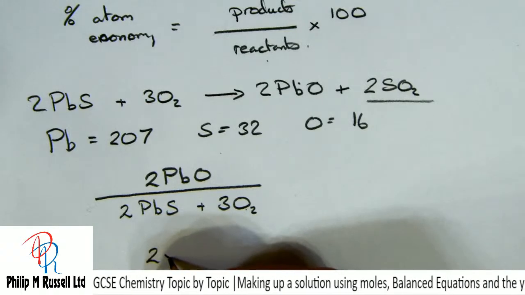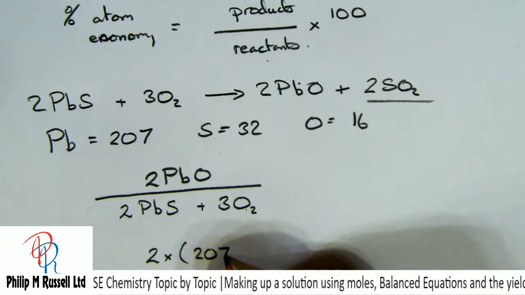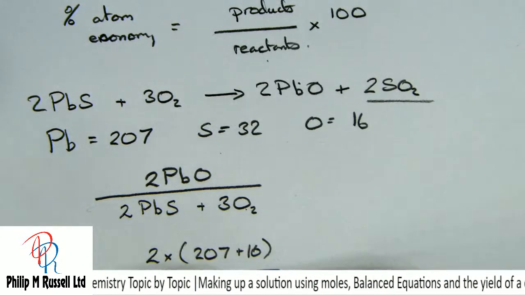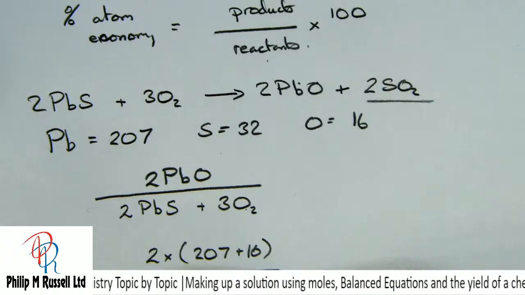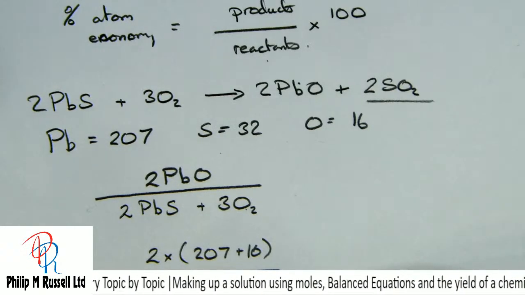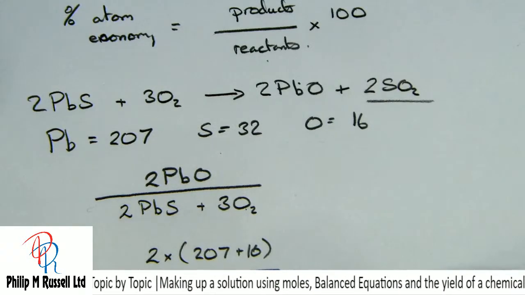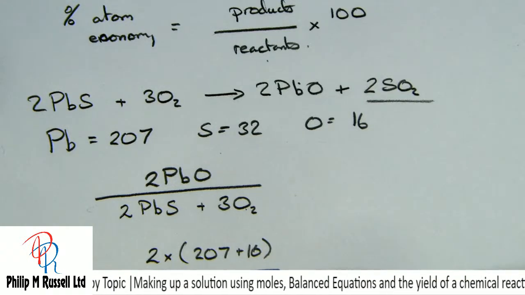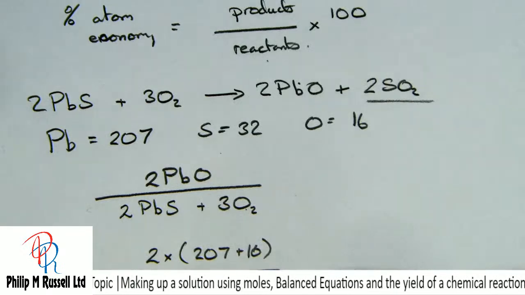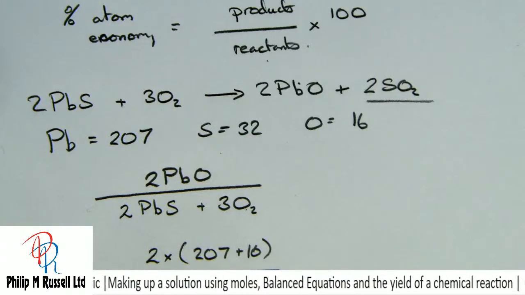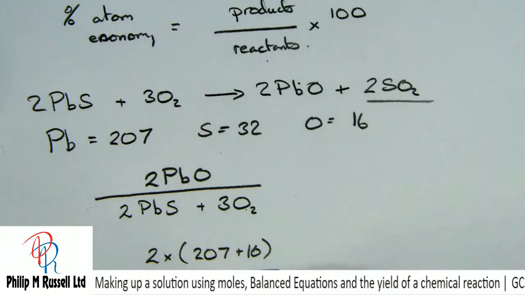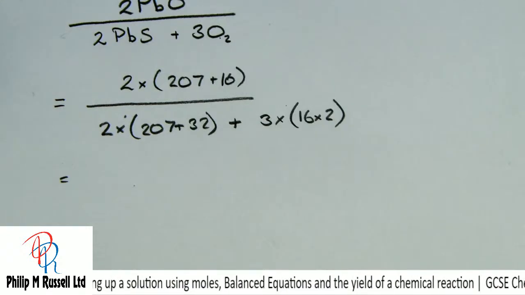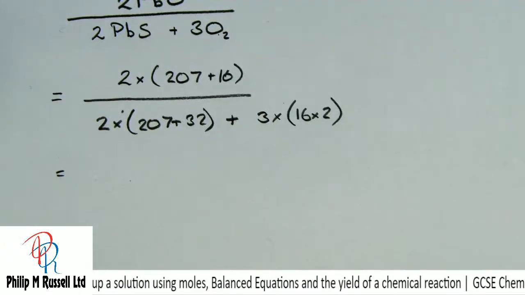I've got 2 times 207 plus 16 over 2 times 207 plus 32 plus 3 lots of oxygen, and it's O2, so that's 16 times 2. Let's work out what we've got.